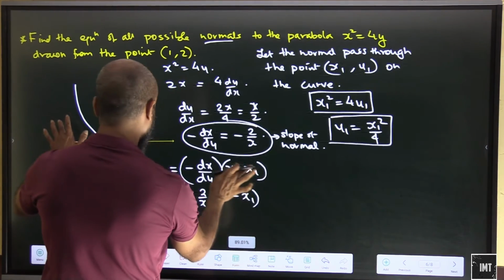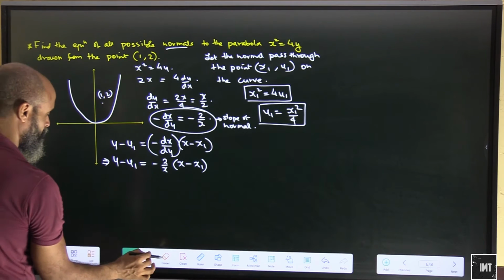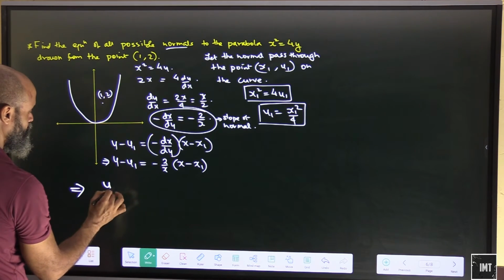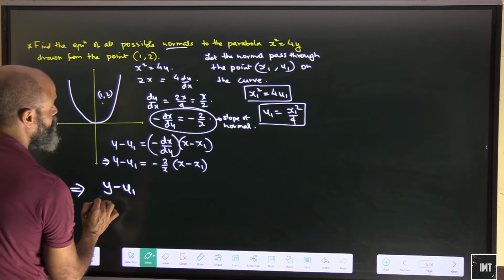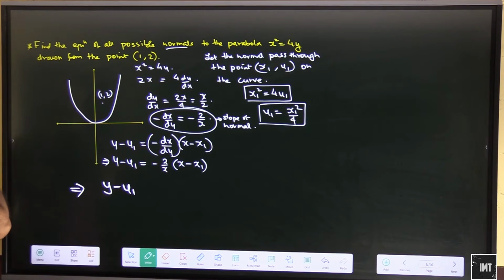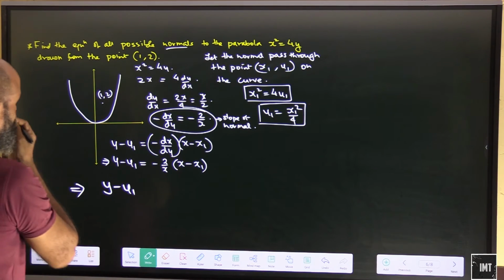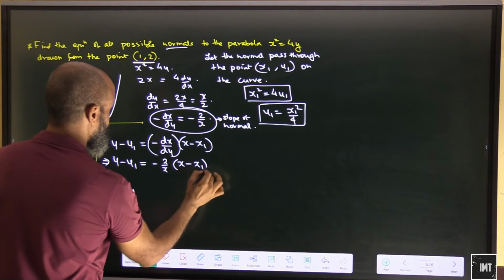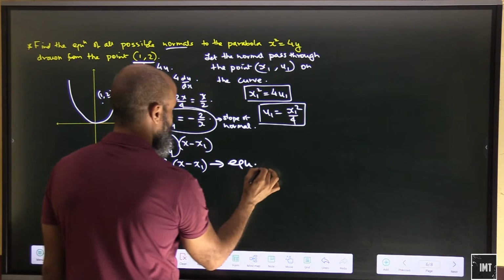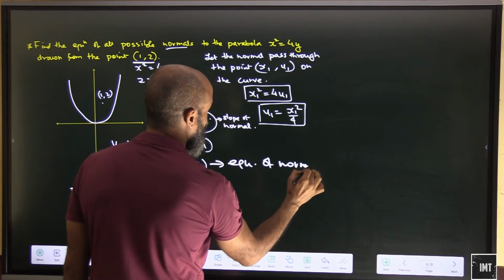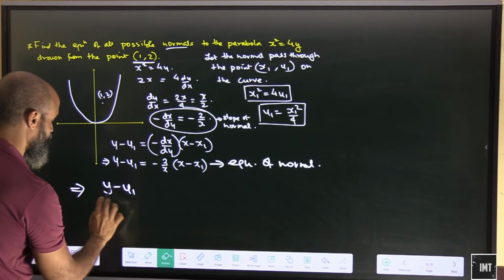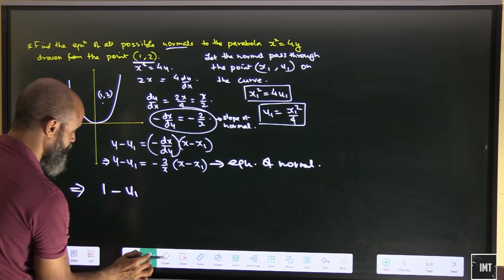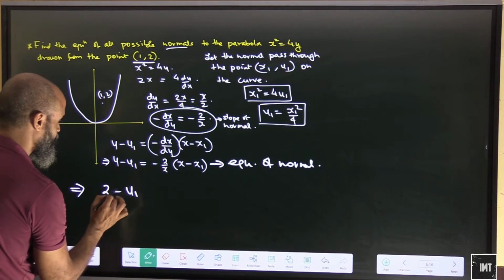Since it is drawn from the point (1, 2), this is basically the equation of the normal. Now the normal passes through the point (1, 2), so we can say 2 minus y1, I am so sorry, 2 minus y1.